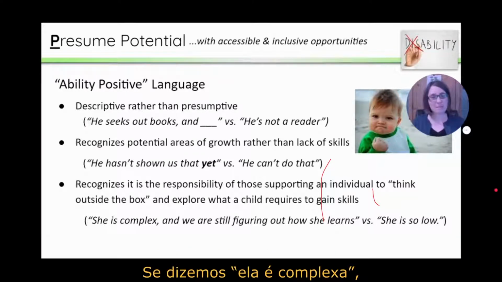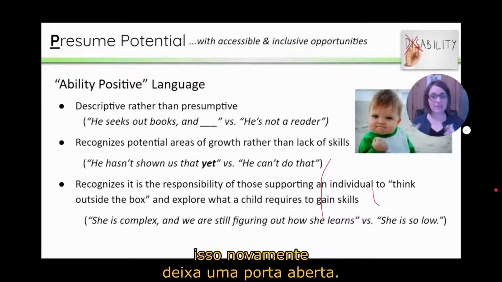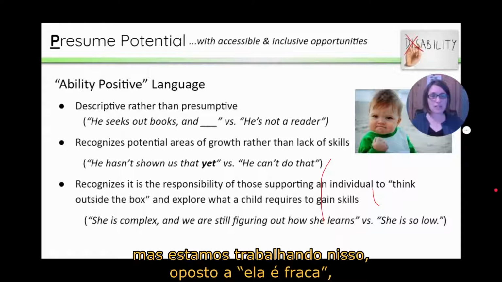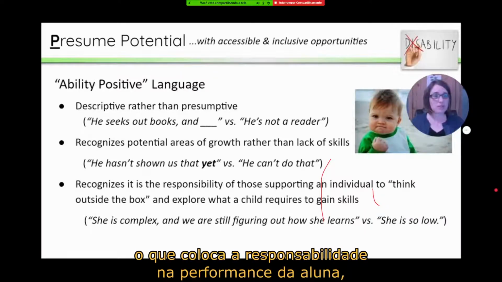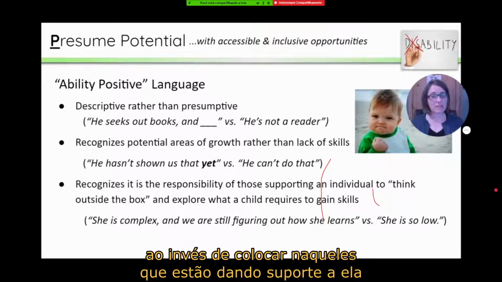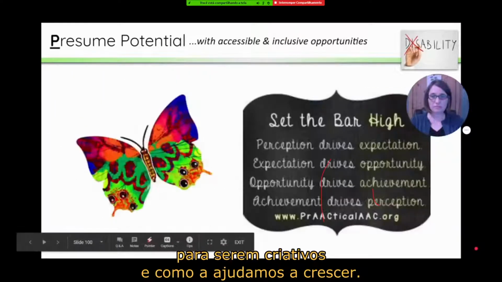So if we say she is complex, we are still figuring out how she learns. That keeps a wide open door for this child is learning, and she has us a little stumped, but we're working on it, as opposed to she is low, which really puts the onus on the student to perform, rather than on those supporting that child to be creative in how we help her grow.